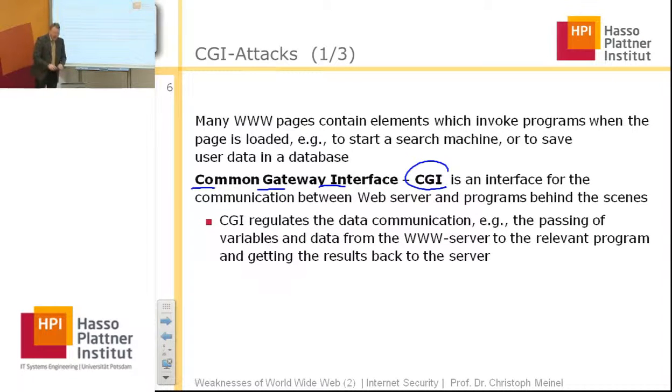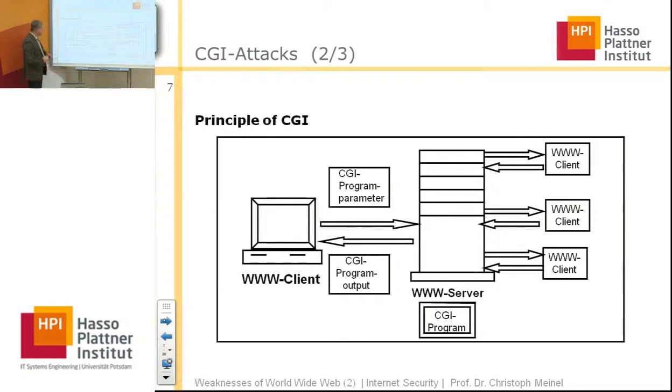So CGI regulates the data communication, for example, passing the data variables, passing the data from the web server to the relevant program, and then vice versa to get the results of the program back to the web server so that the web server is able to send this data to a user, to a web client.